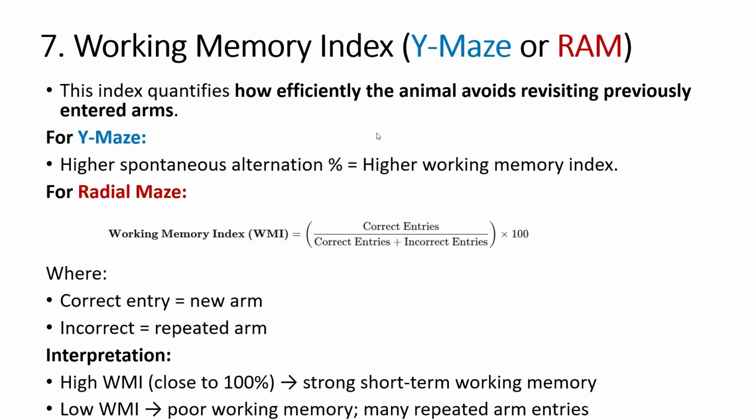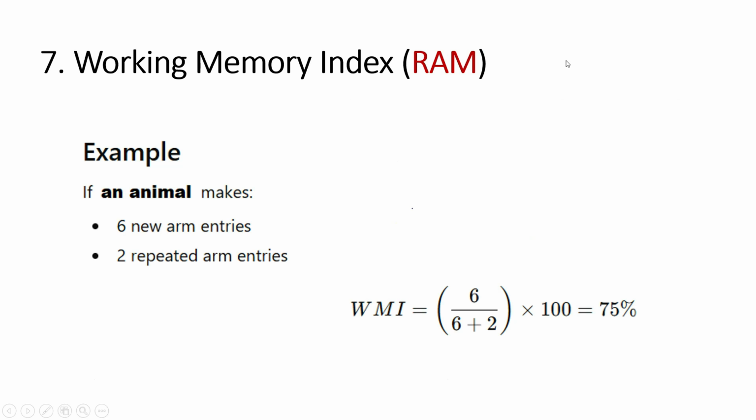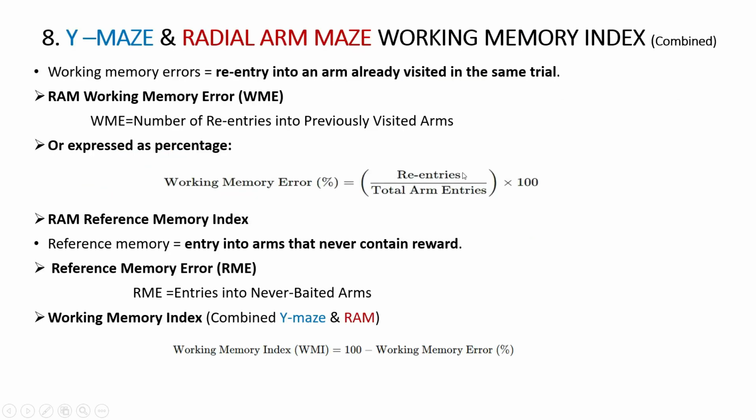Working memory index for the Y maze and RAM, for the radial arm maze, was calculated by entries, but here it is calculated by errors, and you can calculate both combined. Working memory index equals 100 minus working memory error percentage. So this is how you can calculate working memory index using errors in both the radial maze and the Y maze.